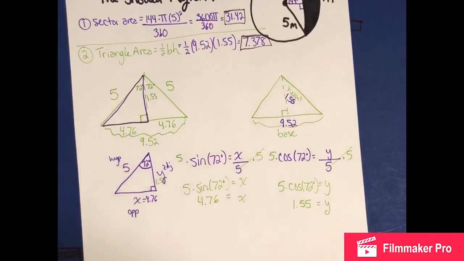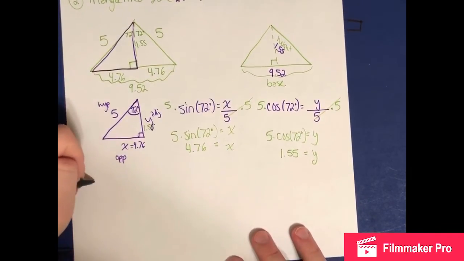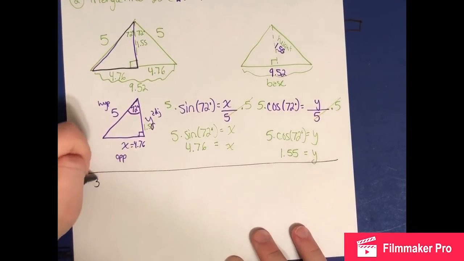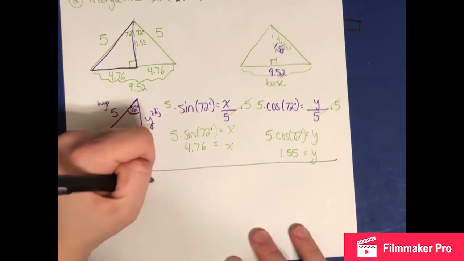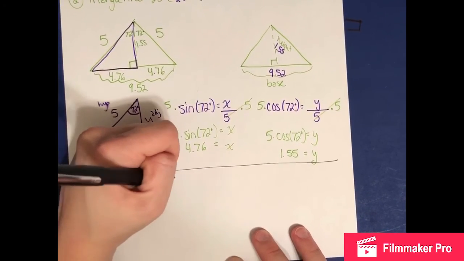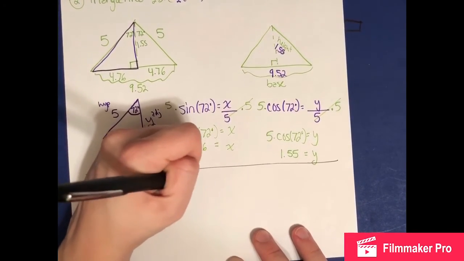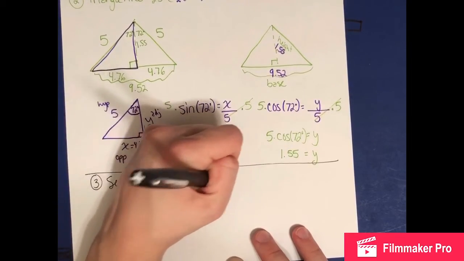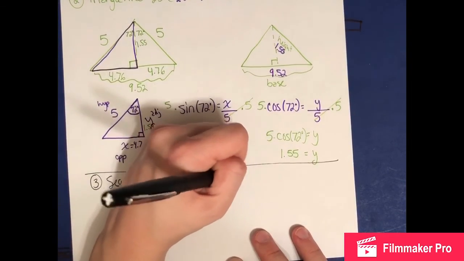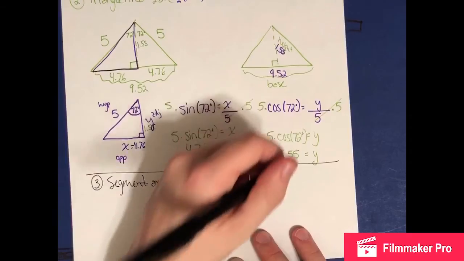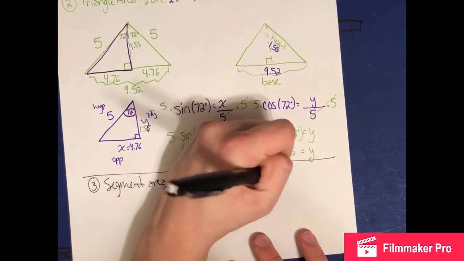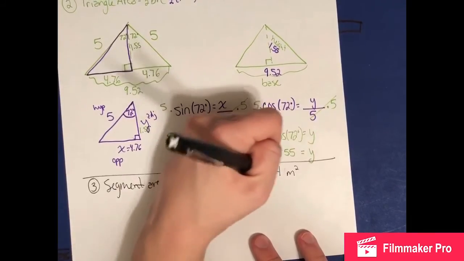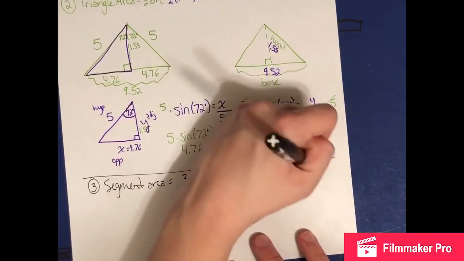Okay, last part over here is segment area, and I'm gonna subtract the 2. I have 31.42 minus 7.378 equals, and that leaves me with 24.04. I'm gonna throw meters squared on there, and that's it.